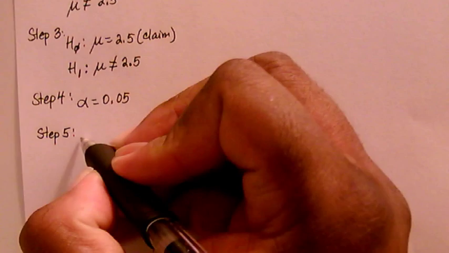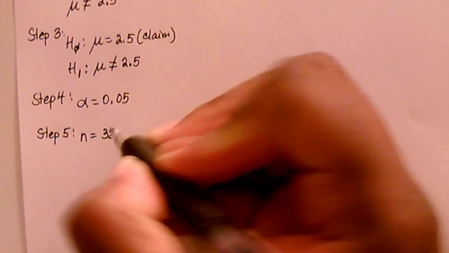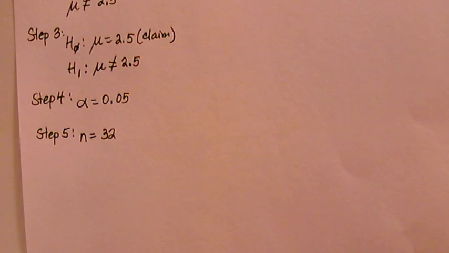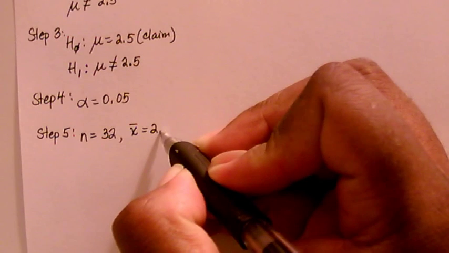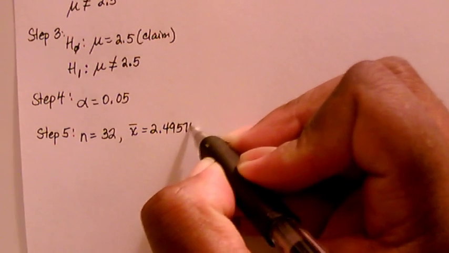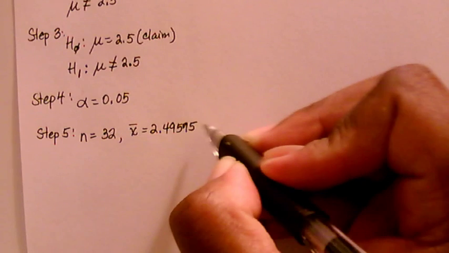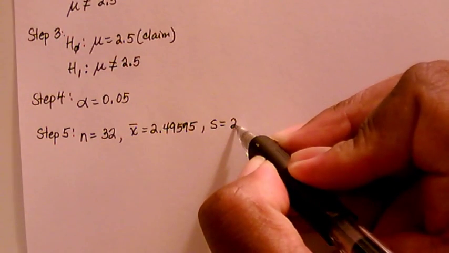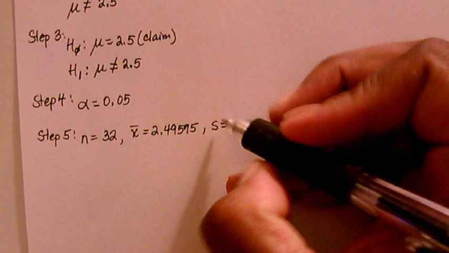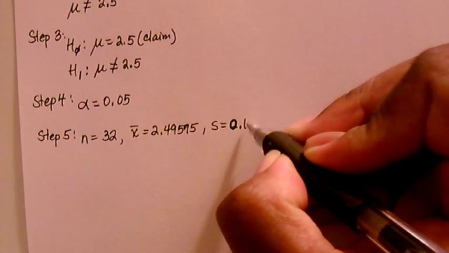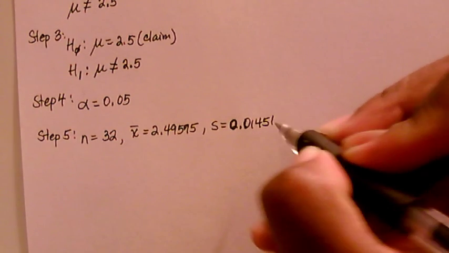Okay, now let's look at what's given to us in that sample. We had a sample of 32 coins, so n is 32. And those coins had a mean weight, so that's your X bar, of 2.49575 with a standard deviation of 0.01451.